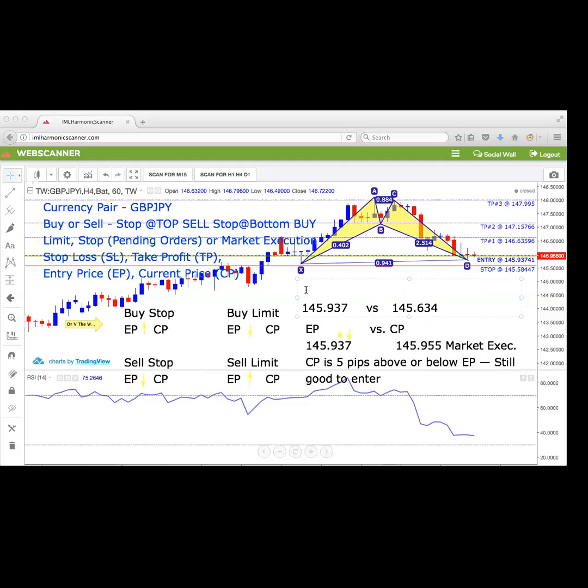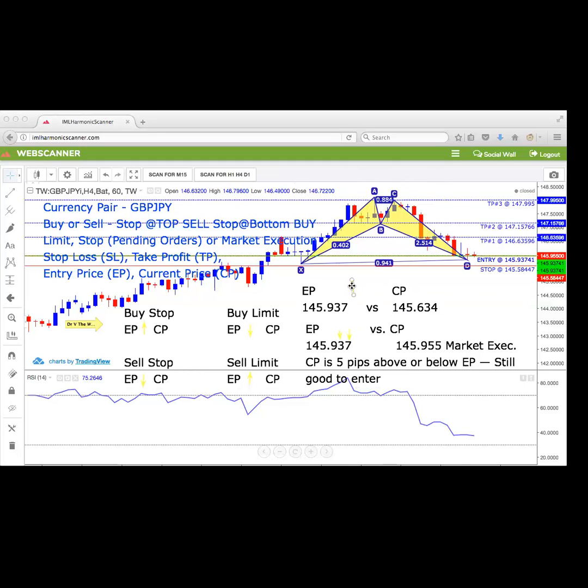Okay. EP. CP. So the entry price is above the current price. Let me put a little arrow right there. I'm just happy I know how to do arrows now. I need that to be straight. Let me undo.